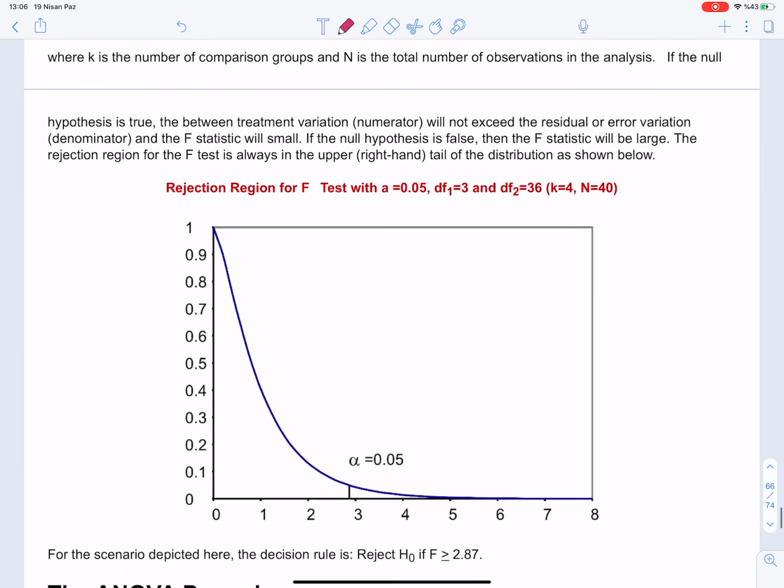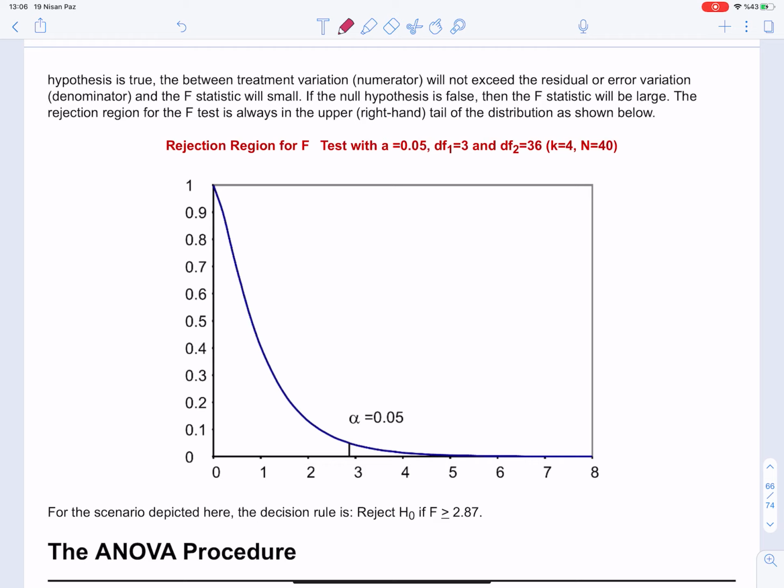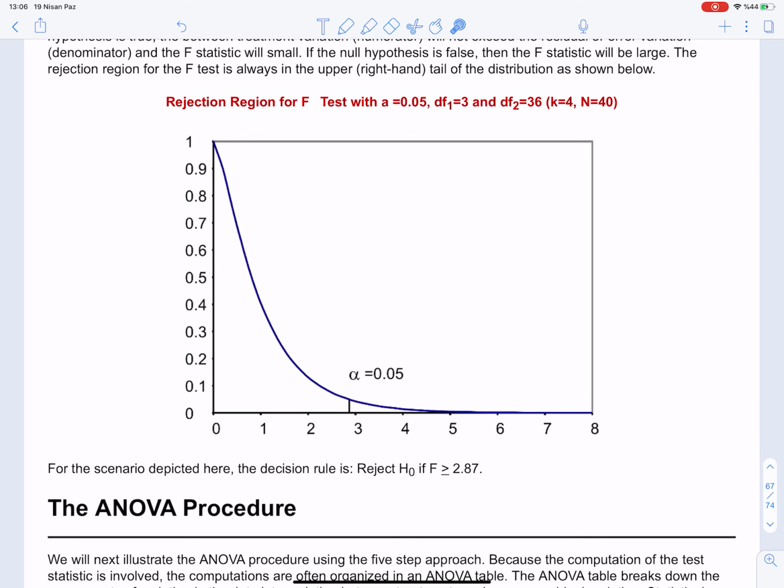I leave it for you. So this is a graphical representation of the F distribution for degrees of freedom 3 and 36. This is a good example for showing the diagram of the F distribution.